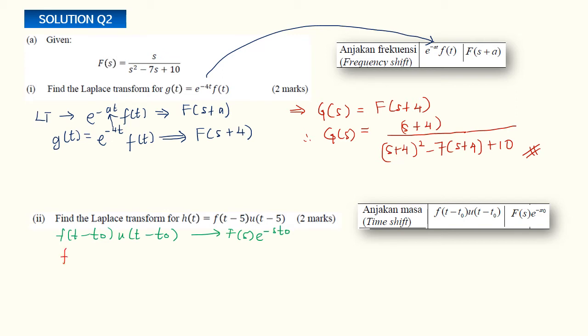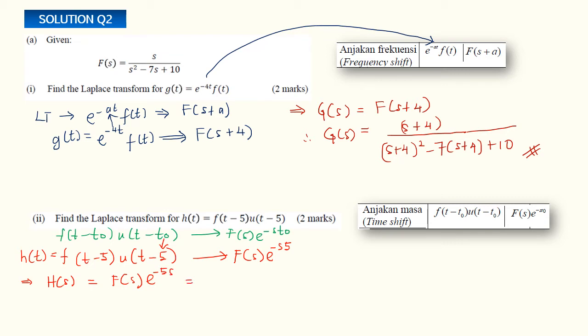Now compare with the equation you have. So this is h(t), so h(t) equals f(t minus 5) u(t minus 5), in which you know that your t naught is equal to positive 5. Therefore, the Laplace transform of h(t) is H(s), which is equal to F(s) multiplied by e to the minus 5s.